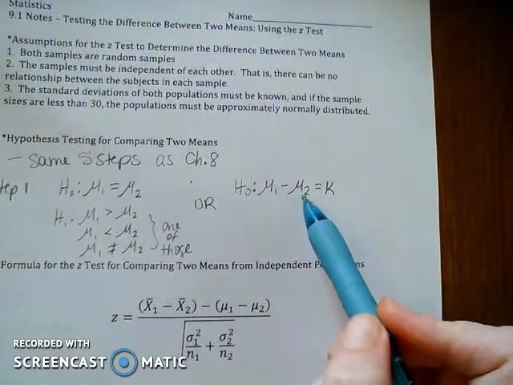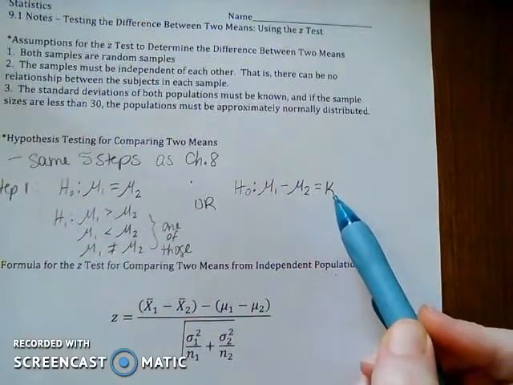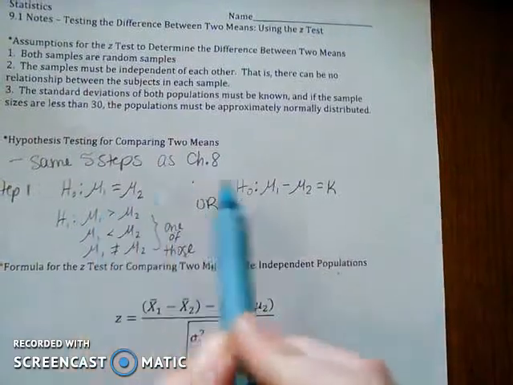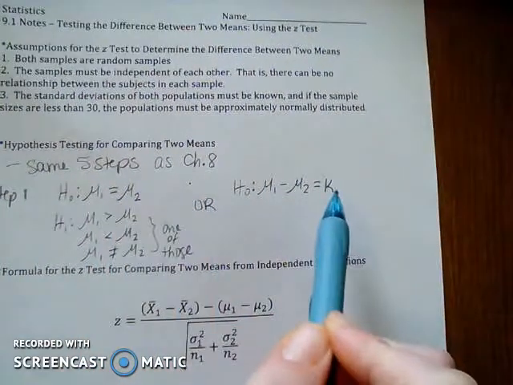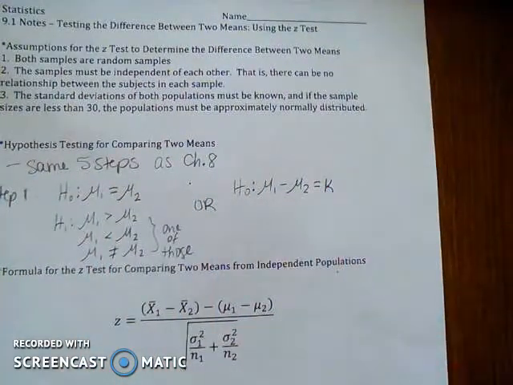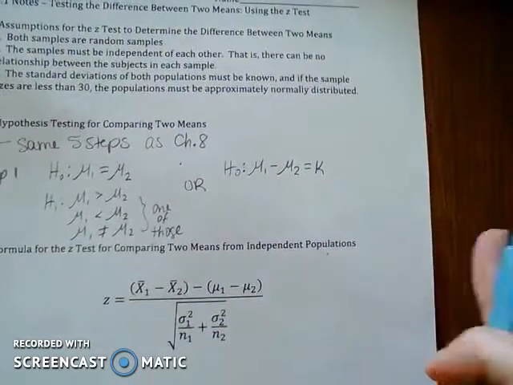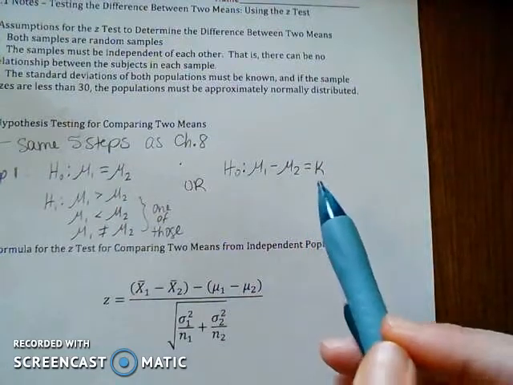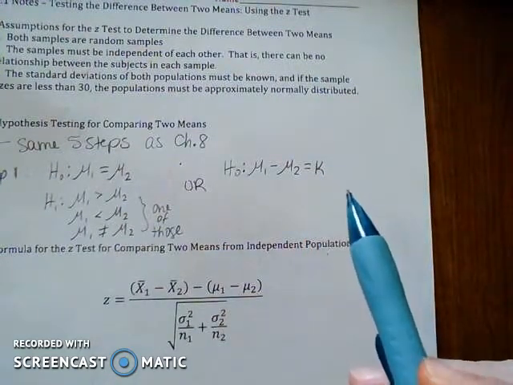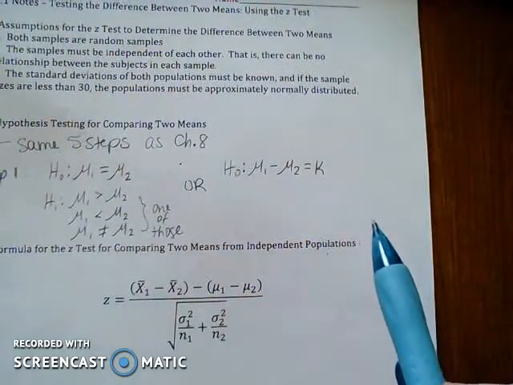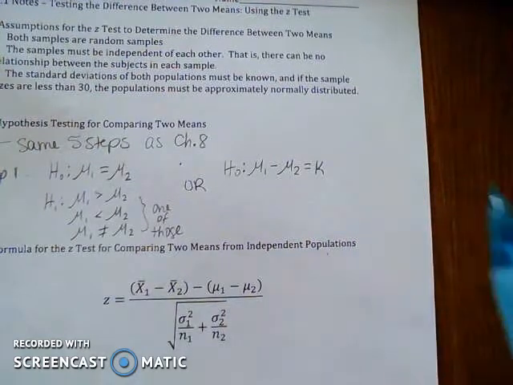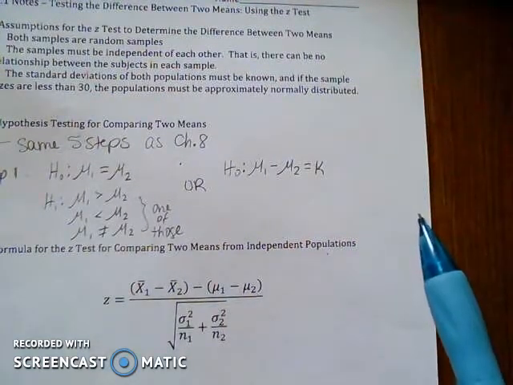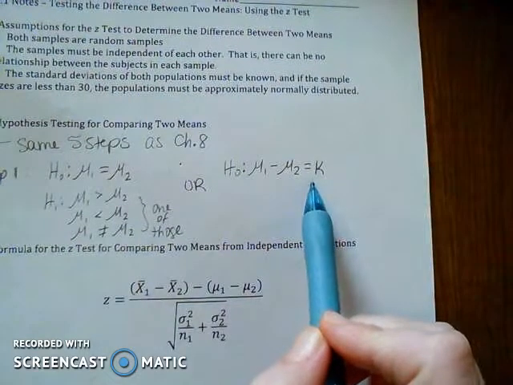So mu1 minus mu2 is equal to some number. So we could, instead of writing this, we could write equals 0. Our book doesn't do that, but some books do. All right? Or they might give you a specific difference. Is the difference less than 10? Is the difference equal to 12? If they give you a specific number for the difference, then you have to use this one.